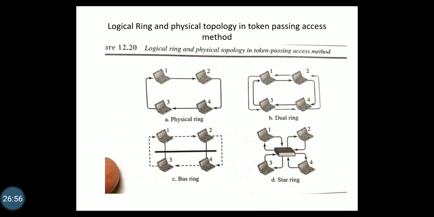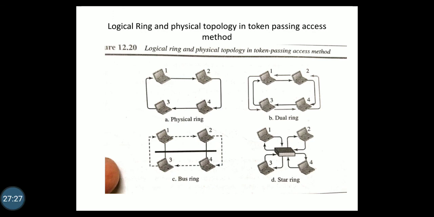After the failed link is restored, the auxiliary ring becomes idle again. Each station needs to have two transmitter ports and two receiver ports for this topology to work. FDDI, fiber distributed data interface, and CDDI, copper distributed data interface, use this topology, which is a high speed token ring network.